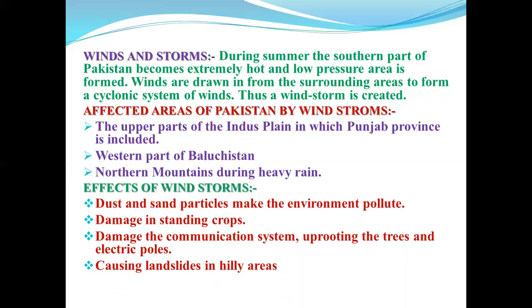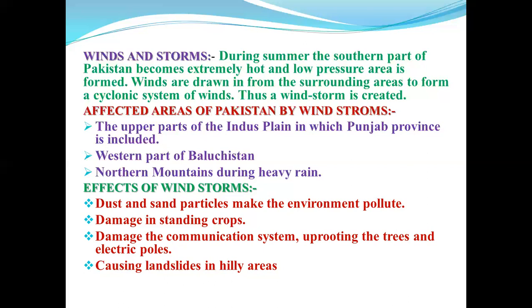Yes, students, we will now study the effects of windstorms. Number 1, dust and sand particles pollute the environment. Number 2, damage to standing crops. Due to the fast moving wind, crops cannot stay.